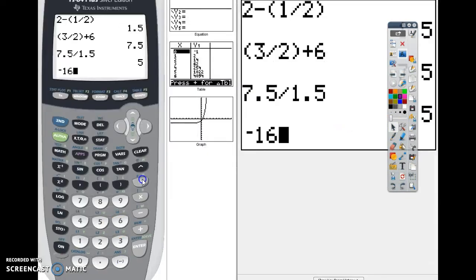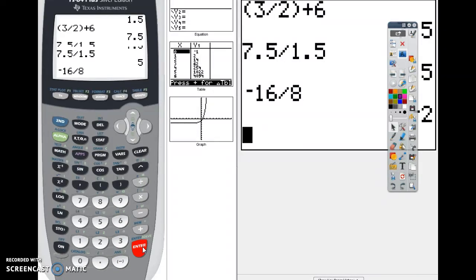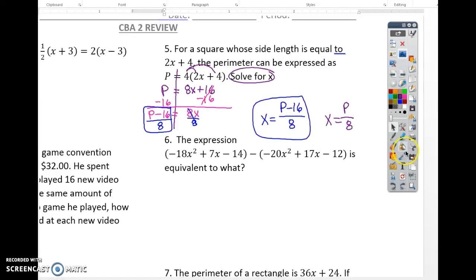Negative 16 divided by 8 gives you a negative 2. So I would put minus 2. And you would look for that as one of the answers. So again, the answer is either going to look like this. If it doesn't look like this, you go ahead and divide, and it will look like this one.